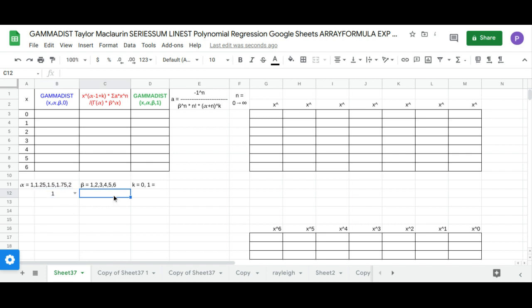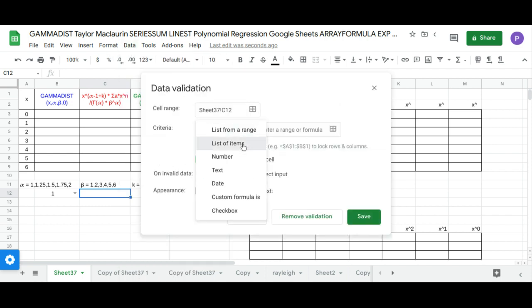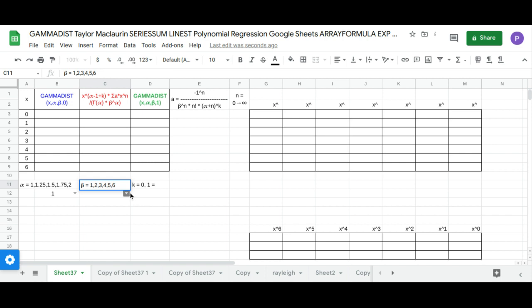And our value for beta will be from 1 to 6. So data validation, list of items, will copy from 1 to 6. So our value for beta will be from 1 to 6.